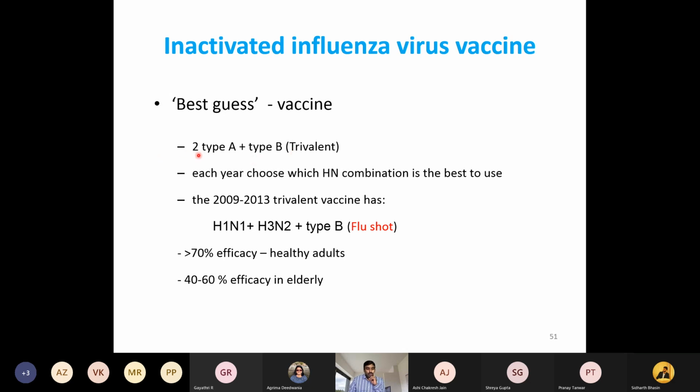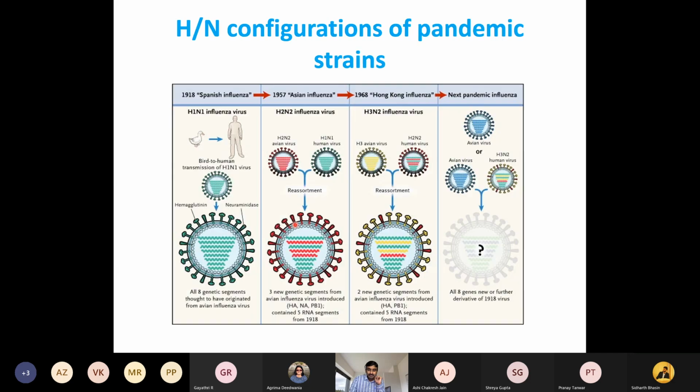So there are two types of influenza A, which is H1N1 and H3N2. You can understand where it's coming from. This is the last pandemic, and this is the most widely circulating strain still. So you have H1N1 and H3N2.